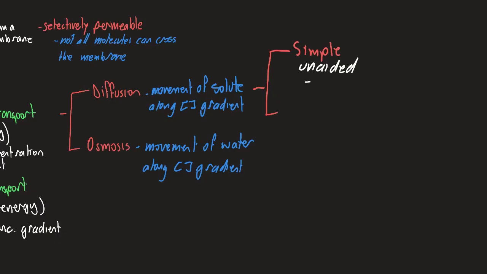For example, oxygen goes across the membrane unaided through simple diffusion. It simply goes straight through the membrane. But most molecules can't do that because they're too big or they have a charge, like a positive or negative charge. So for that, we need a process called facilitated diffusion.